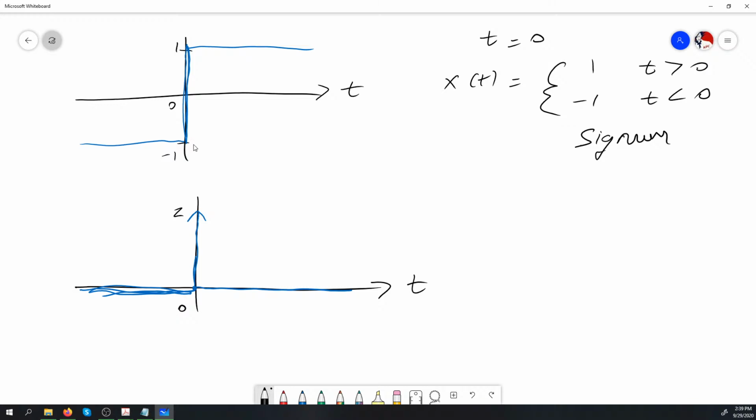At time equals 0, we have a vertical positive change here from -1 to +1. So this change in value here is 2. And because it's going in the upward direction, this is a positive change. So you represent this as a positive impulse here with a magnitude of 2. And then after time equals 0, this part here was a constant value of 1. And if you differentiate a constant, you just get back a value of 0 here accordingly.